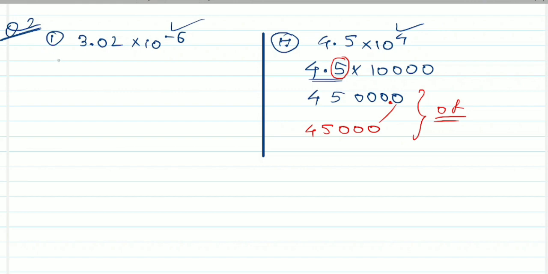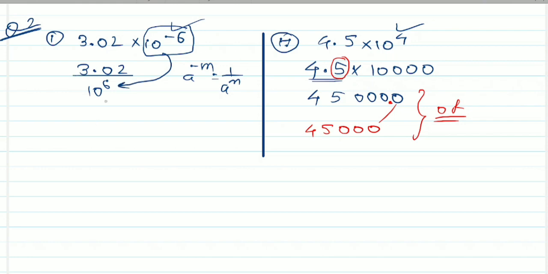How to solve this question? First one, what we have to do is change the sign of the power to positive. For that, I am going to use this formula. I am going to write this 10 raised to minus 6 in the denominator and the sign of the power will change. So now it becomes 3.02 divided by, there will be 6 zeros. As we are dividing by 10 raised to 6, the decimal point will move 6 units to its left.